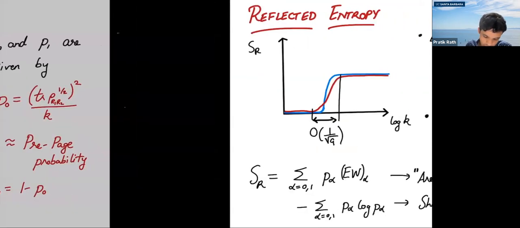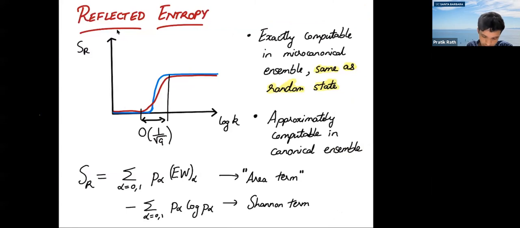The way I like to interpret it is there's a sum over these two blocks with different weights and different values of the cross section, which I like to call the area term, although it's some sort of quantum generalization of the area. And there's some mixing term, which is the Shannon entropy.